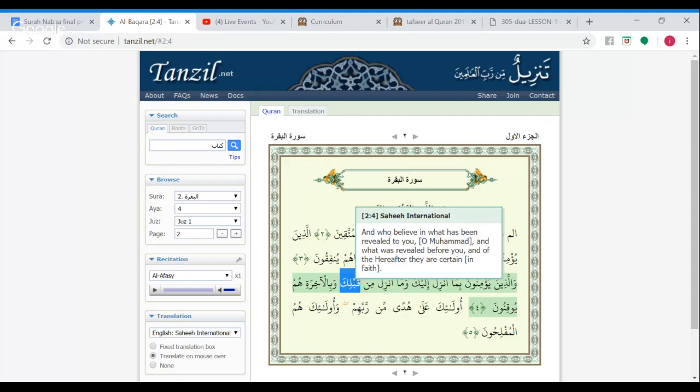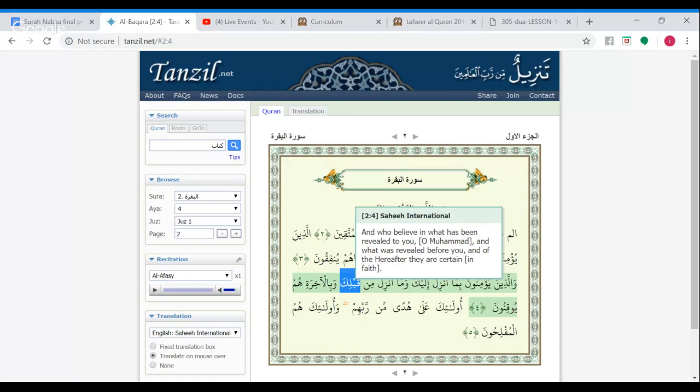If you look at the special mudaf list, it is there. Qabl means before, and if it is attached with the noun, then that fragment is called mudaf ilayh. So in qablika, basically, what is going on? It is mudaf ilayh. Qabl is the mudaf, and ka is mudaf ilayh.